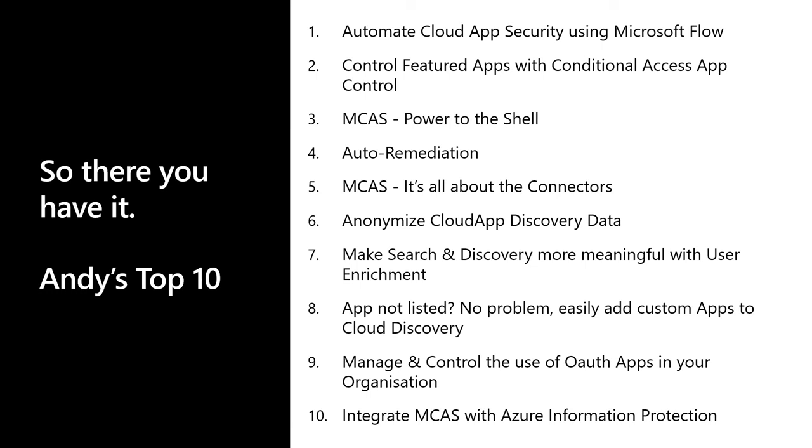Again, if the app's not listed, you can easily add it through a custom app. Number 7, make search more discovery with user enrichment. Likewise, if you're concerned about anonymizing your data, you can do that at number 6. Number 5, it's all about the connectors. 4, auto-remediation, and 2, of course, is power to the shell. Definitely number 1 is integrate MCAS with Flow.